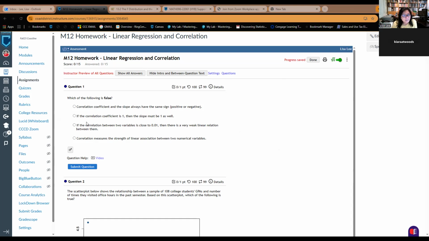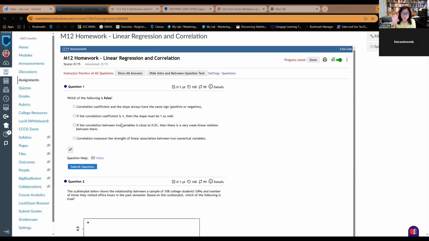And the second one: if the correlation coefficient is 1, then the slope must be 1 as well. Be careful. If the correlation coefficient is 1, that means 100% correlated, because our r is always between -1 and 1 only.